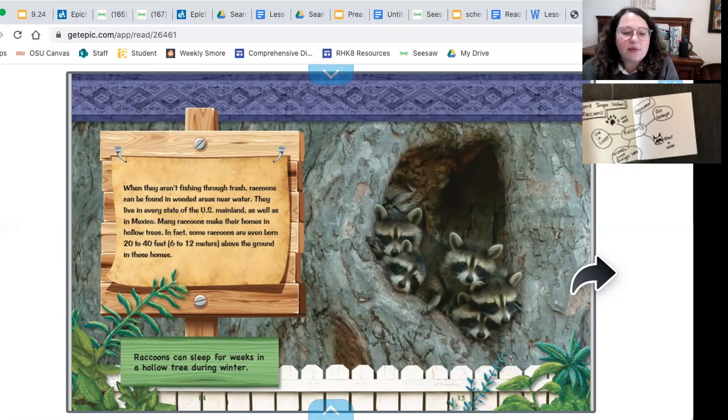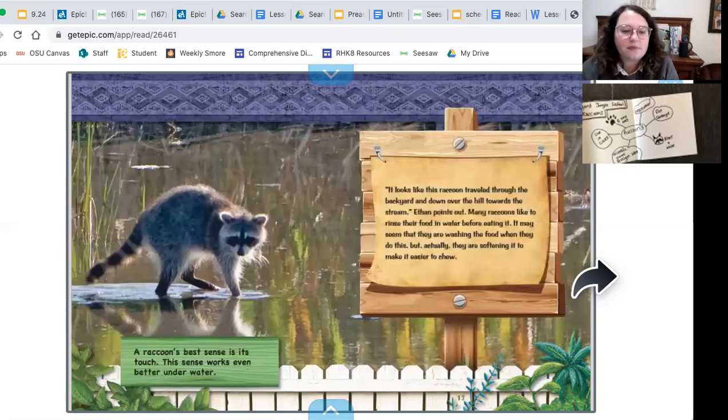Raccoons can sleep for weeks in a hollow tree during winter. A raccoon's best sense is its touch. This sense works even better underwater. It looks like this raccoon traveled through the backyard and down over the hill towards the stream, Ethan points out.